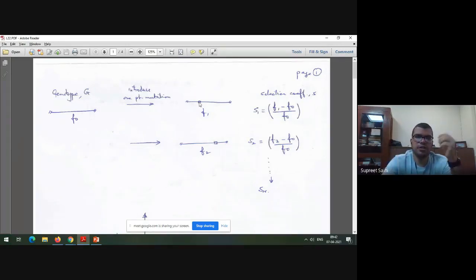We discard that mutation. We are only interested in those point mutations which increase fitness. So we are only interested in beneficial mutations, which automatically implies we are interested in mutations with selection coefficient greater than 0.